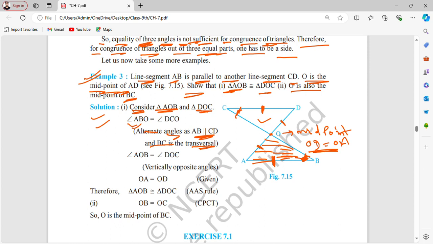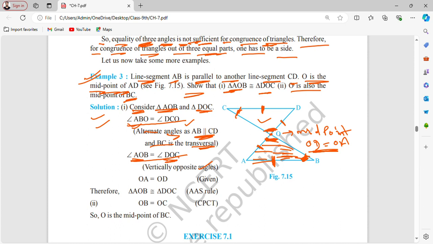And after that, angle AOB and angle DOC, this angle and this angle, are both vertically opposite angles. So this pair of angles is equal, and this pair of angles is equal.